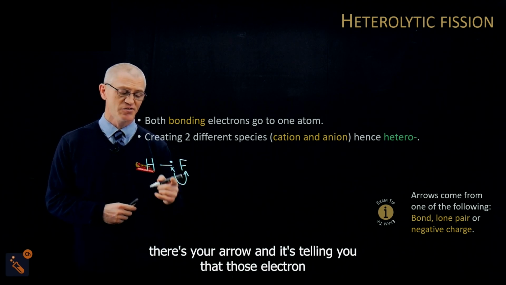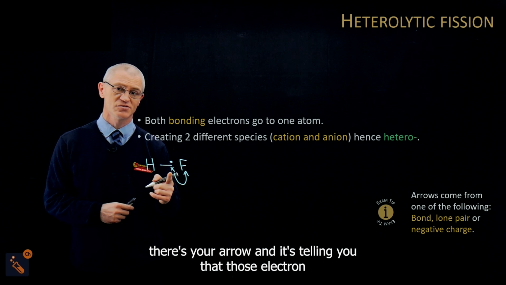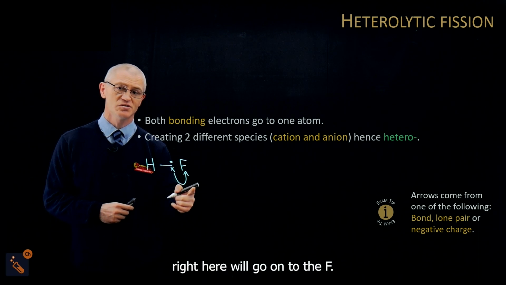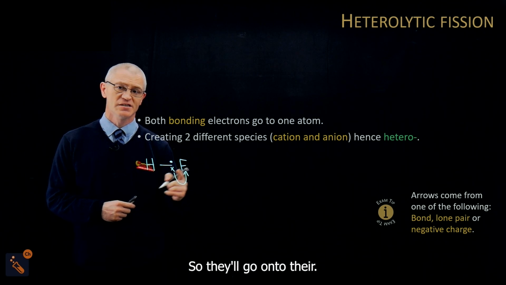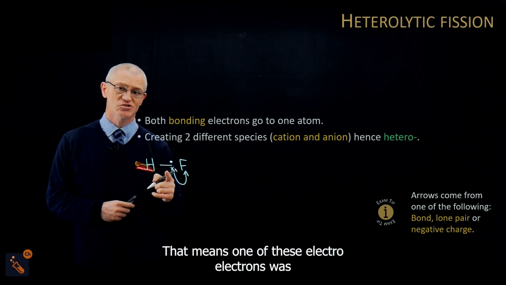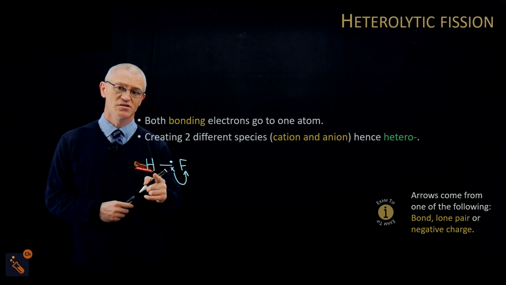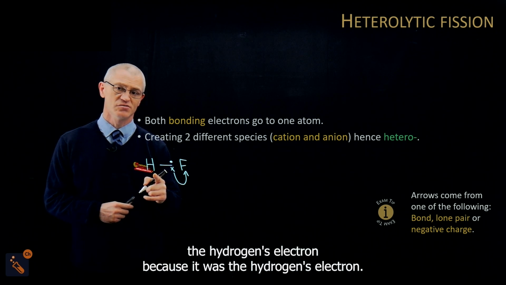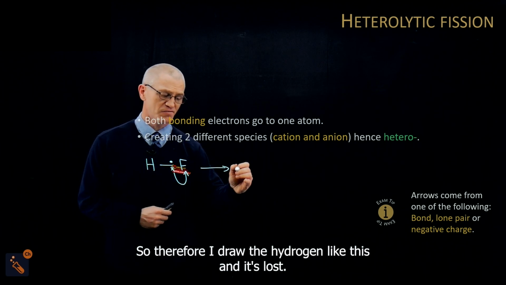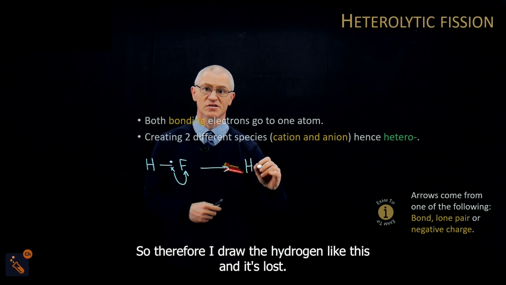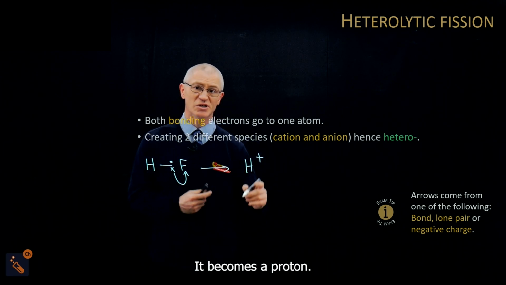So there is your arrow, and it's telling you that those electrons right here will go onto the F. That means one of these electrons was the hydrogen's electron. Because it was the hydrogen's electron, that hydrogen no longer has any electrons. So therefore, I draw the hydrogen like this, and it's lost its electron and becomes a proton.